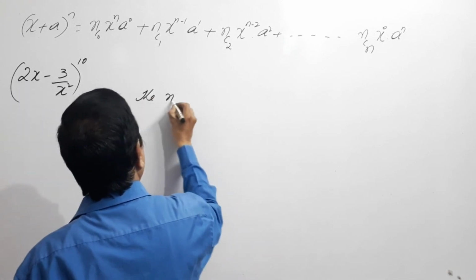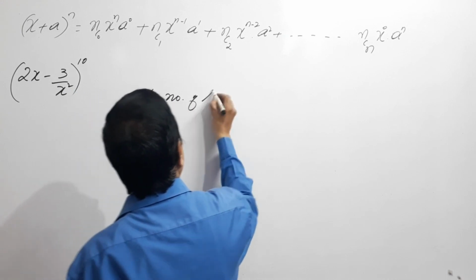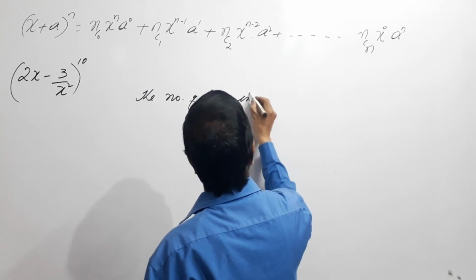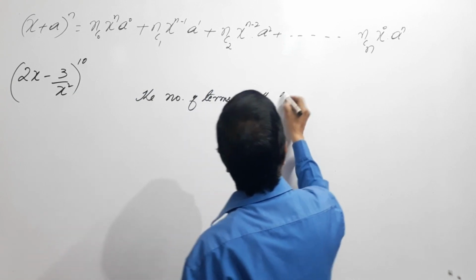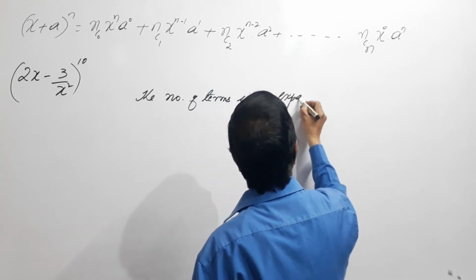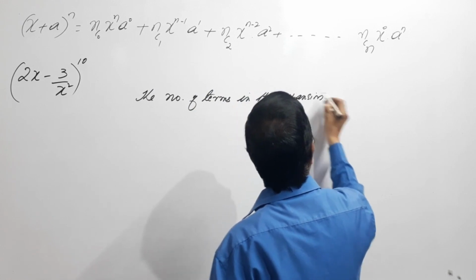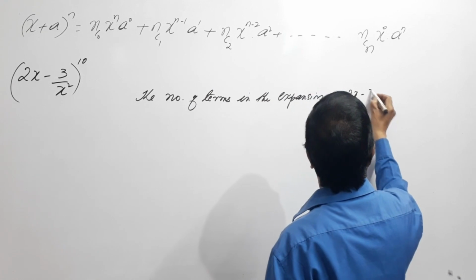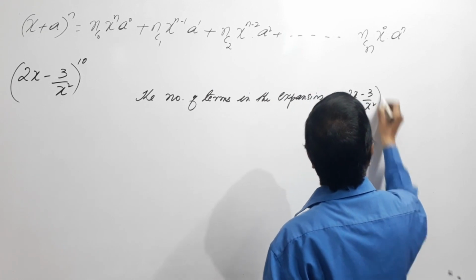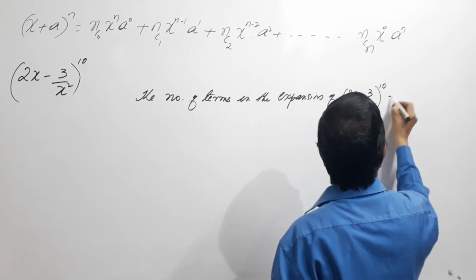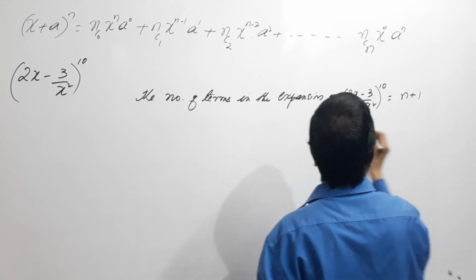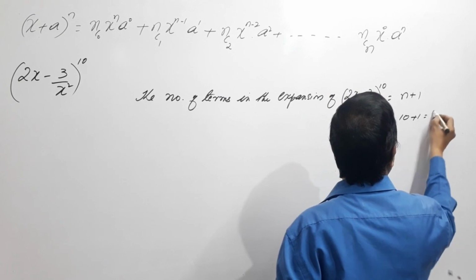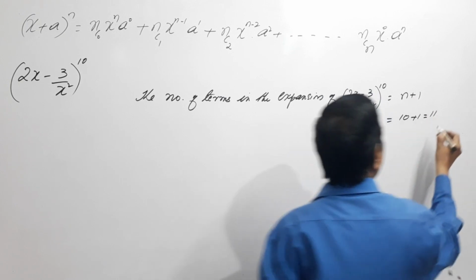First, the number of terms in the expansion of (2x - 3/x^2)^10 equals n + 1, that is 10 + 1, there are 11 terms.